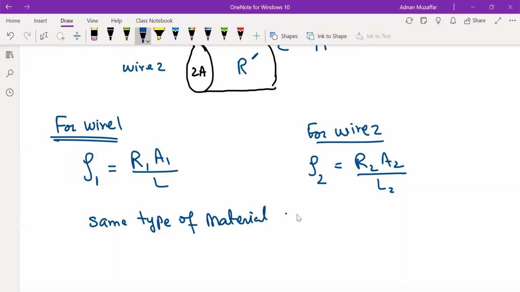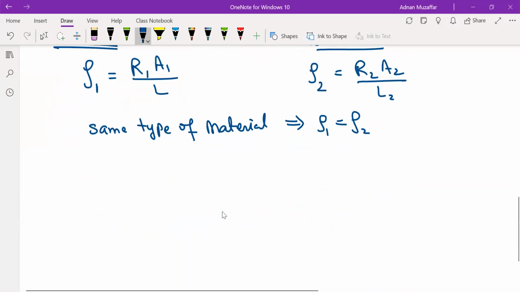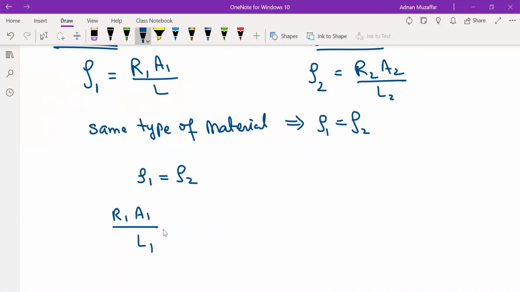So rho 1 must be equal to rho 2. Resistivity is the same, so I can equate these two. Just put the values: R1 A1 over length 1 equals R2 A2 over length 2. What was R1?